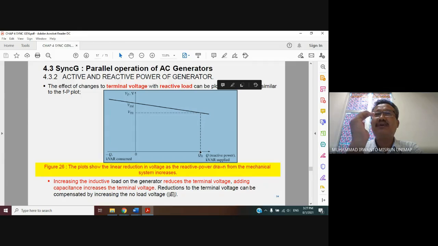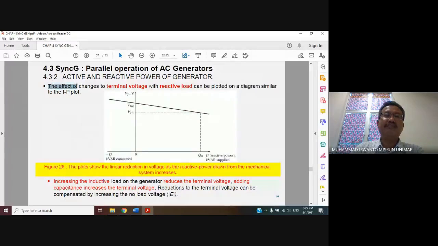But with a capacitive load, or leading power factor, the terminal voltage is higher than the internal generated voltage. Remember, in this condition we have to balance.